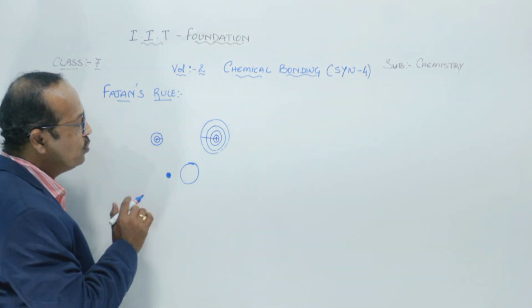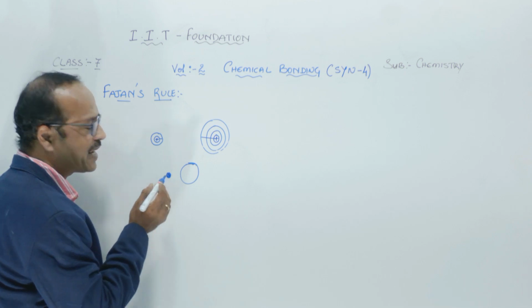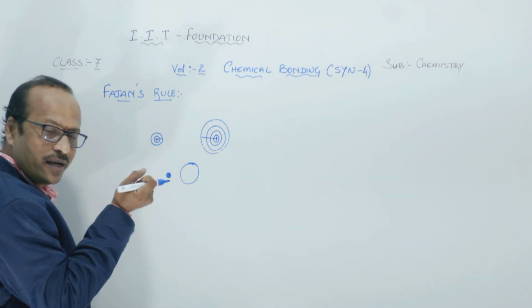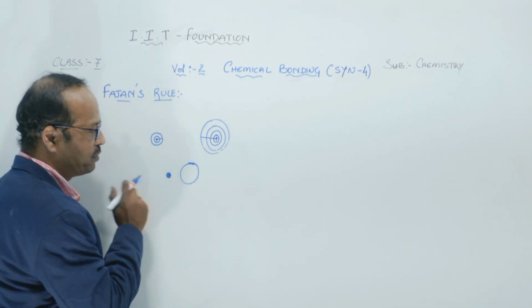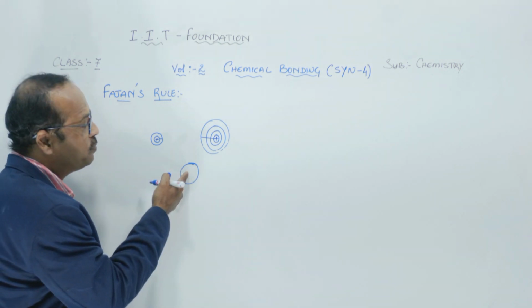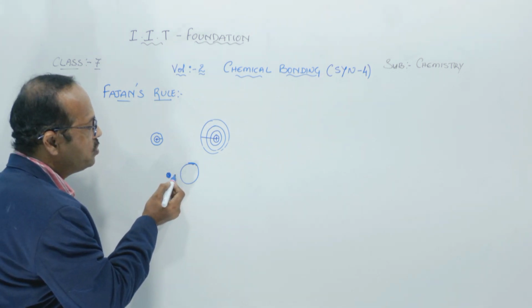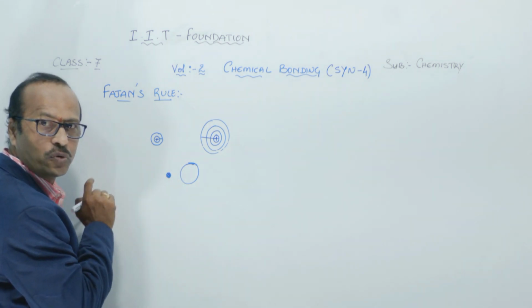Clear? Now due to this, what happens? Because the force of attraction is more, it will try to pull the electrons of the anion because it is positively charged. So the electron cloud will also be attracted toward this nucleus.